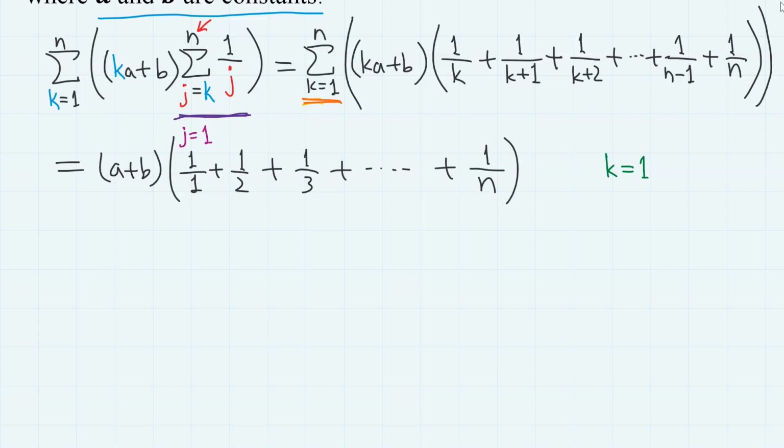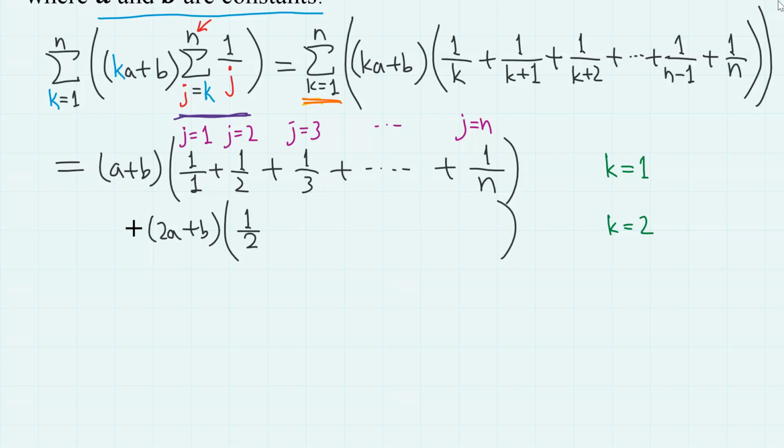This term corresponds to j equals 1, and this is where j equals 2, j equals 3, and j equals n. Then rewrite the terms corresponding to k equals 2 in the next row, which is now 2a plus b times, now this part starts from 1 over 2, then 1 over 3, plus so on, plus 1 over n.